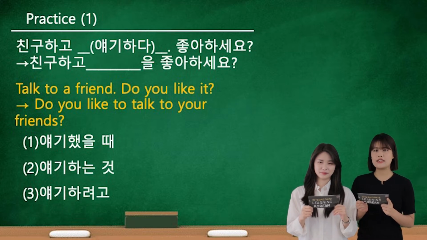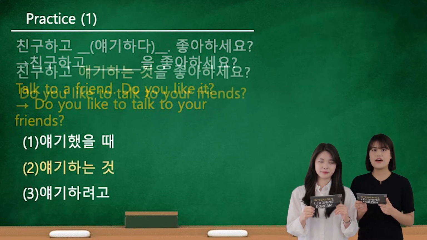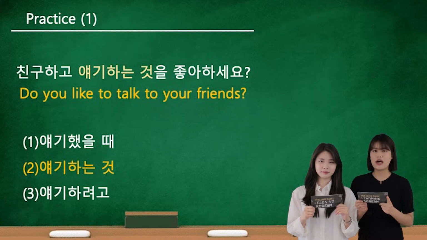How can we change 얘기하다? The answer is 친구하고 얘기하는 것을 좋아하세요? When we remove 다 from the verb 얘기하다 and add 는 것, it becomes 얘기하는 것.